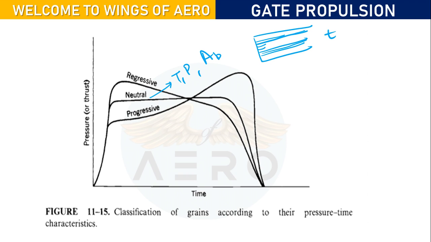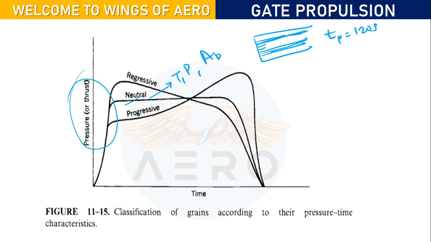If, for example, you have a 120 second time period, it will burn equally for the 120 seconds. It will not be like half the surface burned more here and less there. As time goes, the burning will be quite steady with its pressure, as you can understand from this particular graph. Clear?